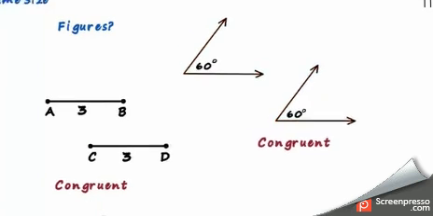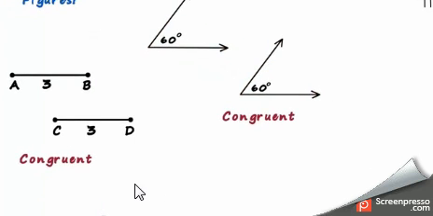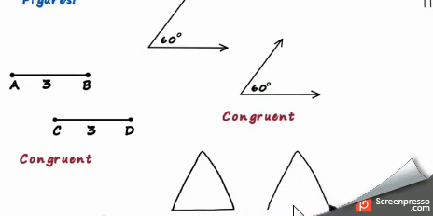Okay, now we will draw triangles. If I have two triangles, can I say these two triangles are congruent or not? We will see now. I can say these two triangles are congruent if they have the same length of sides.